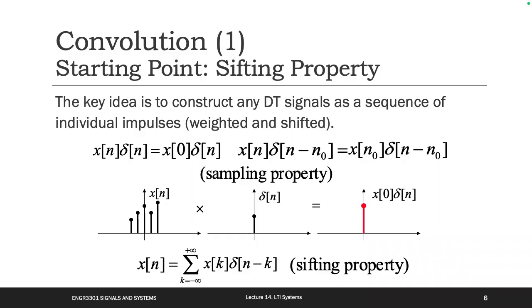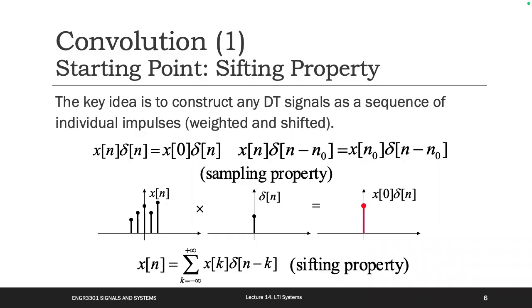We can write this equation as the sum for k from negative infinity to -3, plus the sum for k from -2 to 2, plus the sum for k from 3 to positive infinity, of the original x[k] delta[n minus k].